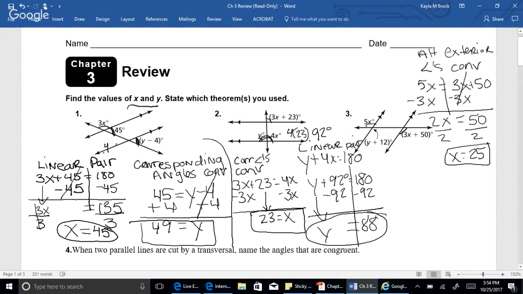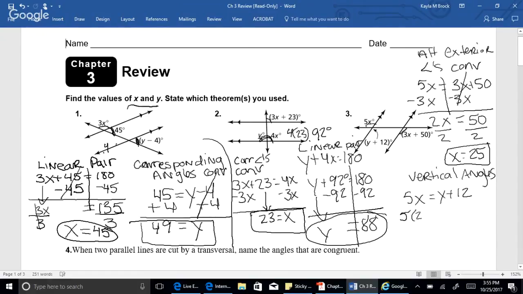And so now that we know that x is equal to 25, we're going to be able to plug that into this equation. This is the rule of alternate exterior angles converse, and this is going to be the rule of vertical angles. Okay, 5x equals y plus 12.